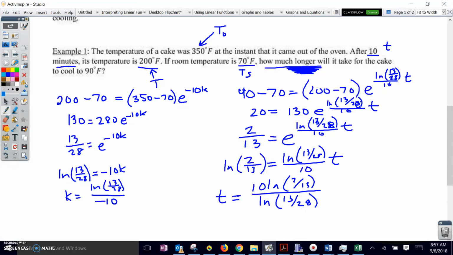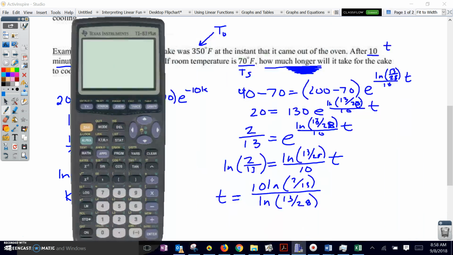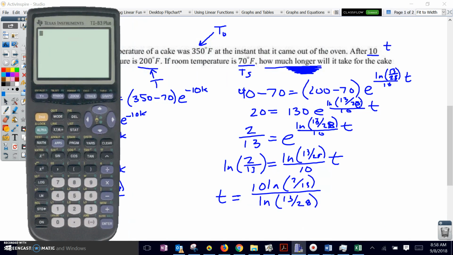Now I'm going to go ahead and calculate that. And we've got 10 natural log of 2 over 13 divided by natural log of 13 over 28.